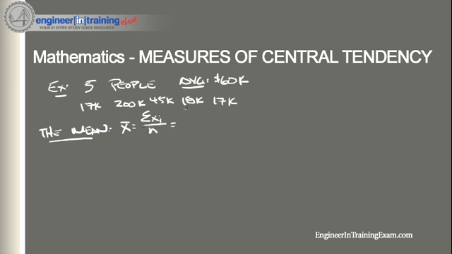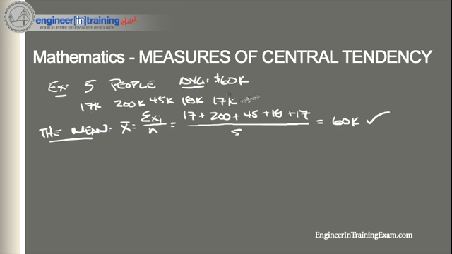We have 17 plus 200 plus 45 plus 18 plus 17, and we have 5 values, which is equal to 60K. So right off the bat, it looks like he's being honest. But looking at this list of data, it definitely doesn't look like it's normally distributed, so we have to take into account the other measures of central tendency.